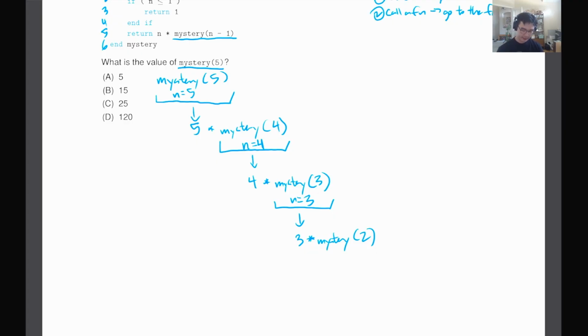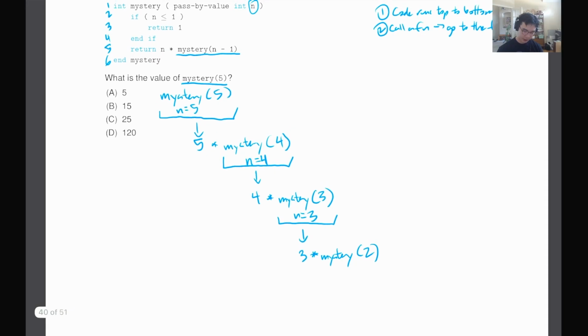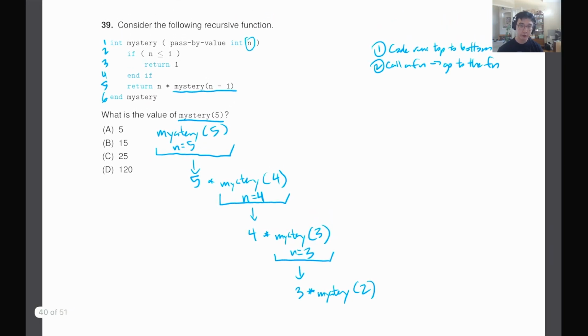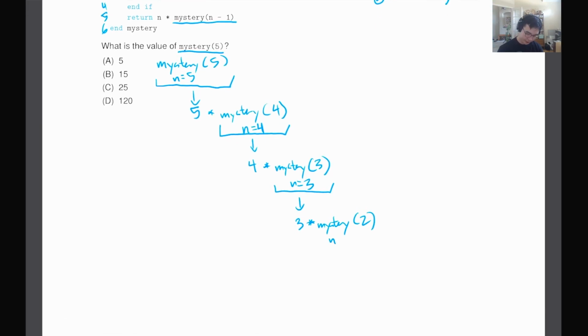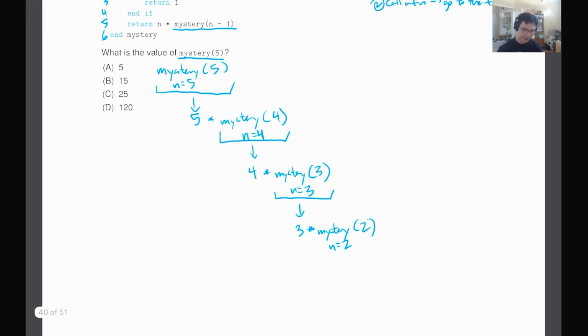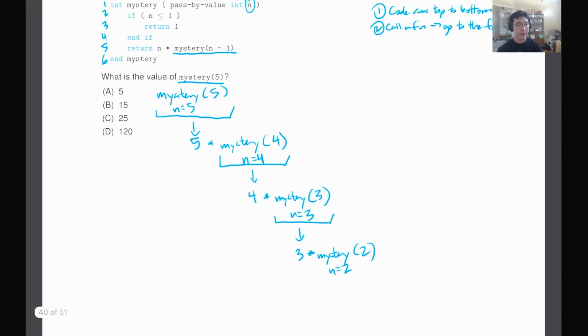All right. So I am calling a function. When you call a function, you go to the function. So now I'm on line 1, and my parameter n has a value of 2. I go to line 2. I check the condition. Is 2 less than or equal to 1? That is false.